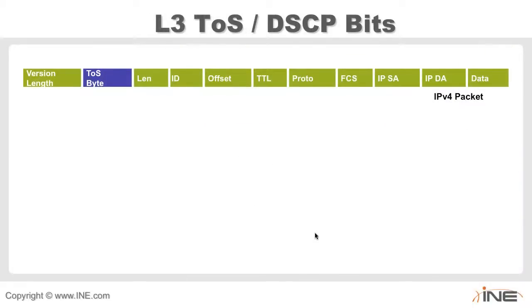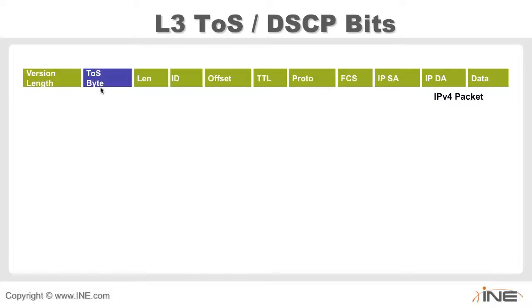If we're taking a look at the layer 3 type of service and DSCP bits. Now, there's a type of service field in every IPv4 packet, and we used to only use 3 of these bits and call them the type of service, or IP precedence.